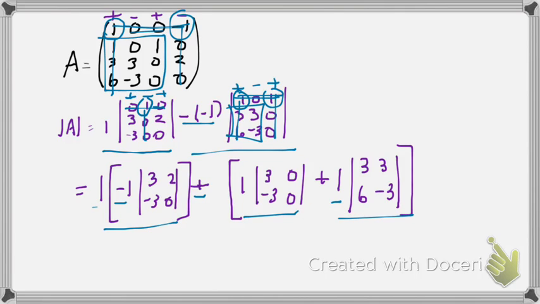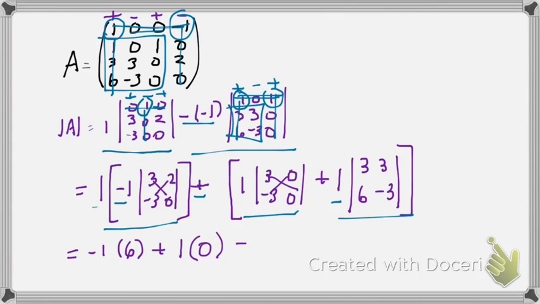Now again, doing this determinant is easy because we can do 2 by 2s. So what will we have here? We will have a negative 1 times 3 times 0 minus a negative 6. And so minus a negative 6 gives me a positive 6. Plus, my next term would be this 1 times here. This is 0 and this is 0.